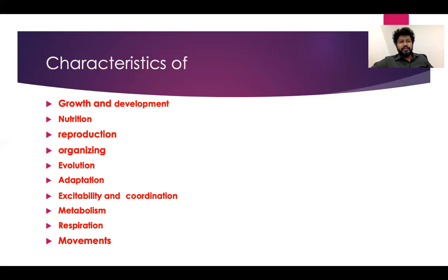Evolution: we believe that human evolution happened from monkeys or gorillas. This evolution happened over thousands of years, and now we have Homo sapiens sapiens, the current form of humans.